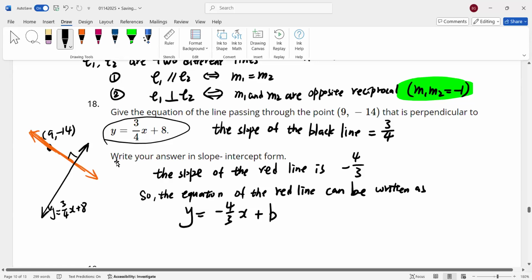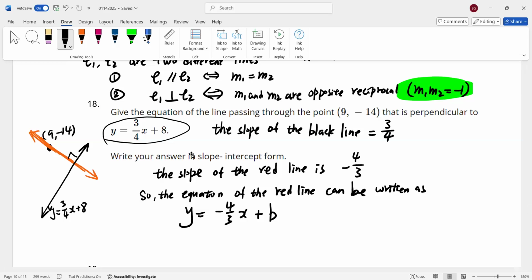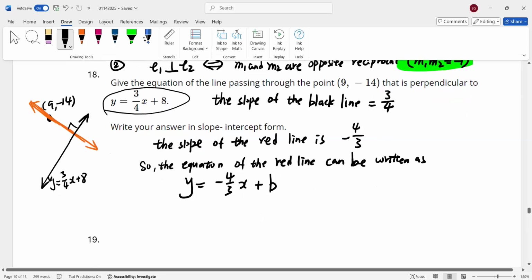One reason is that the question asks you to write the result in slope-intercept form. Look here, Lumen: all the questions require slope-intercept form. So I write the red straight line as y = mx + b. We know the m already: m is -4/3. Plug in here, and b is the only number we need to figure out.